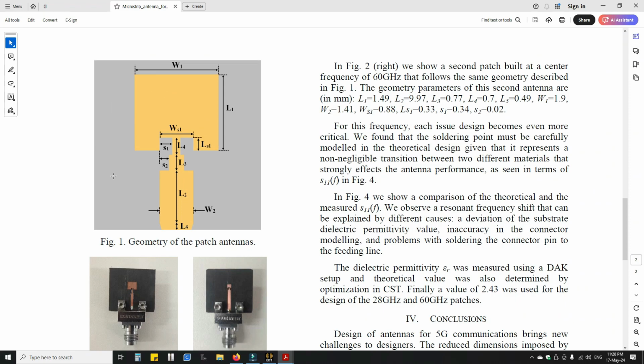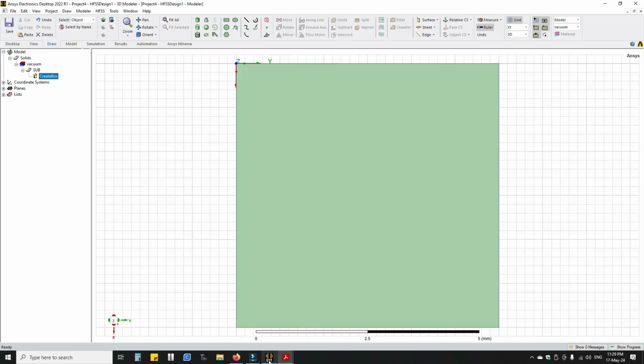On the paper, you can see the antenna is placed on top of the substrate. Now for this antenna, I'm going to design the dimensions from bottom to top. At the bottom, we can see the length L5 and the width of around W2.